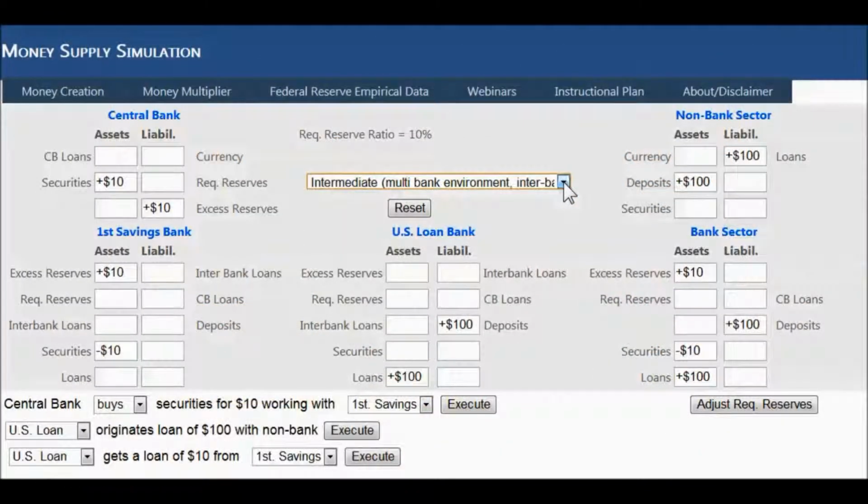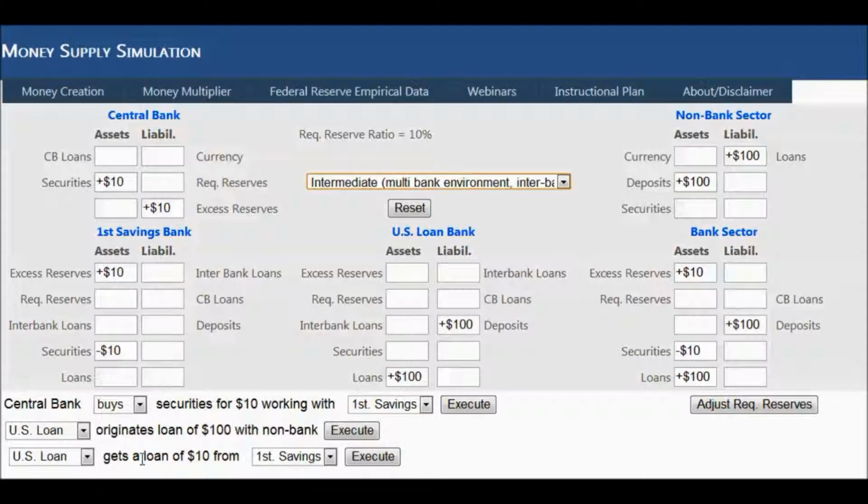The intermediate simulation considers multiple banks and introduces the federal funds market. As we can see here, First Savings has sold securities to the central bank and received excess reserves, while US Loan Bank originated a loan and credited deposits, but it is not able to fulfill its required reserves.